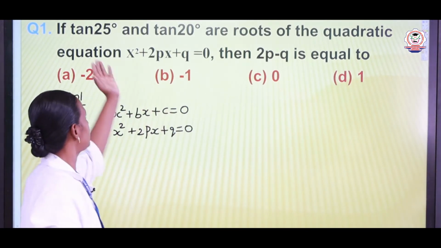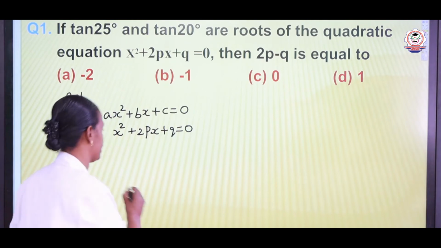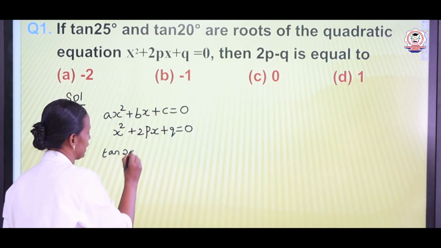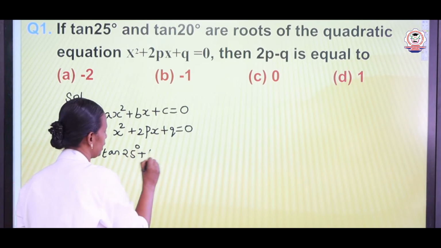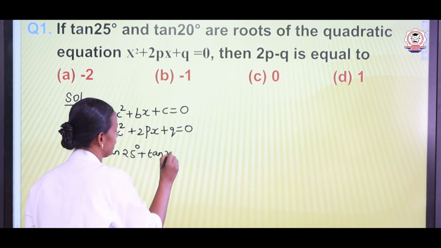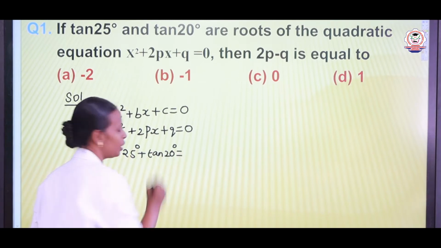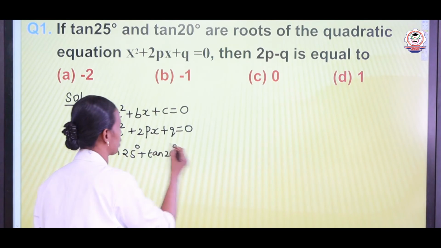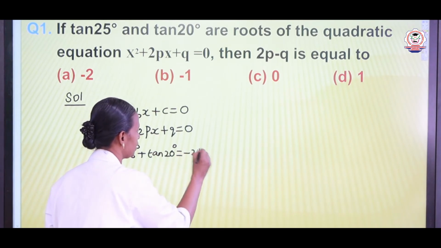Here roots are tan 25 degree and tan 20 degree. Sum of the roots, so tan 25 degree plus tan 20 degree is equal to minus b by a. Here b value is 2p, a value is 1, minus 2p.